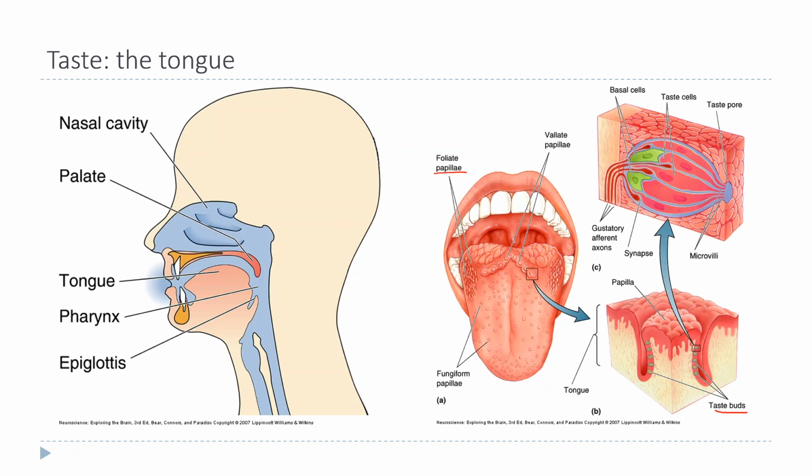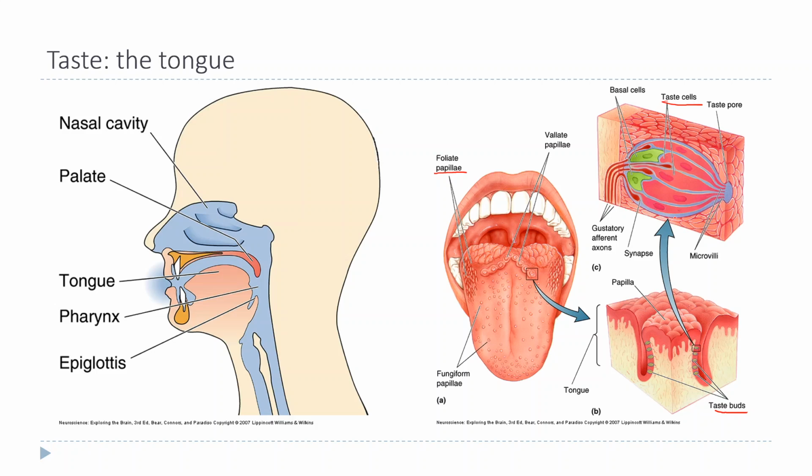Each taste bud consists of a little hole in the surface of the tongue called the taste pore, which leads into a cavity that contains the actual taste cells. The taste cells, these pink things here, are the cells that actually detect the tastants, or the molecules that you can taste.